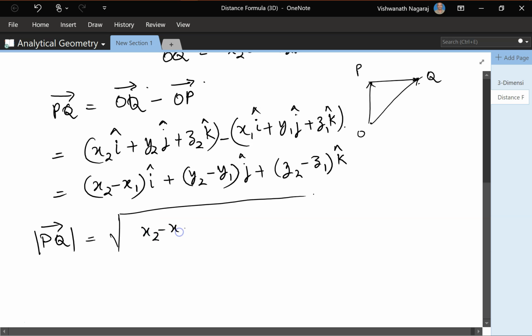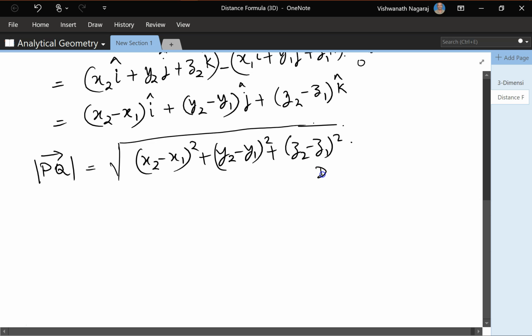So square root of x2 minus x1 square plus y2 minus y1 square plus z2 minus z1 square. So this is the distance between 2 points in space.